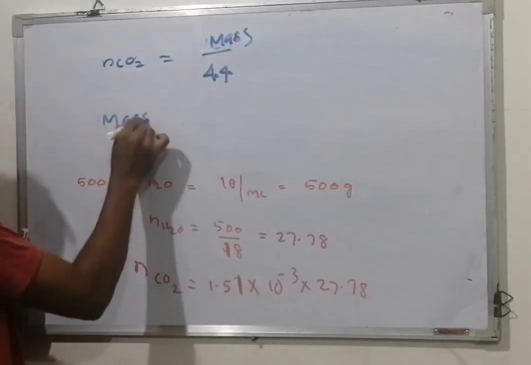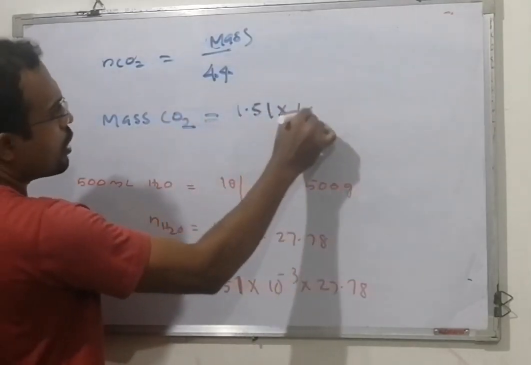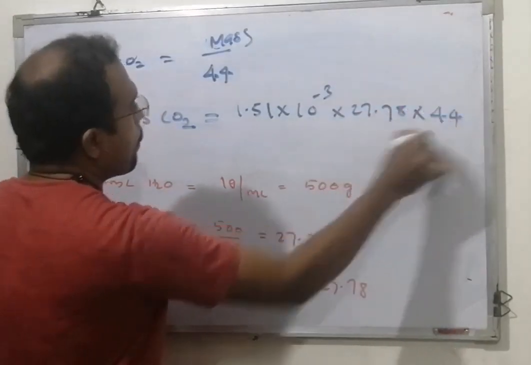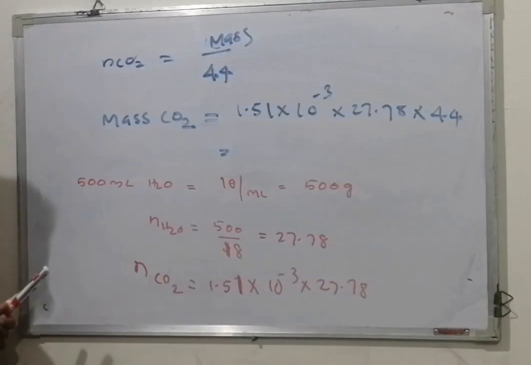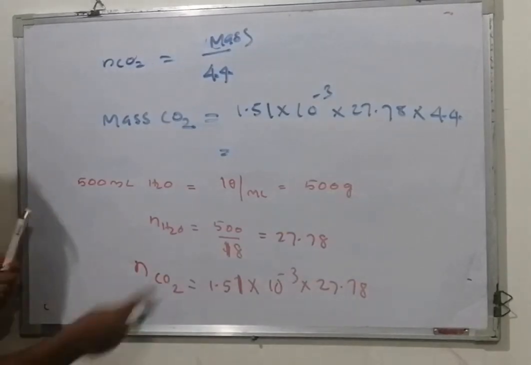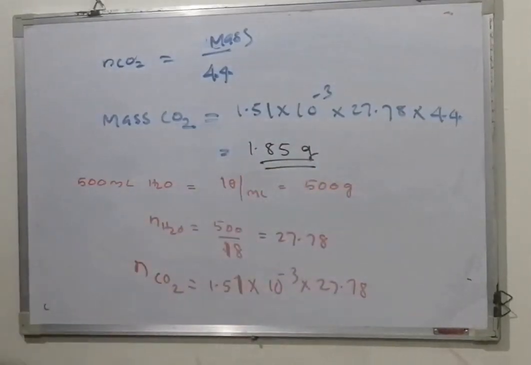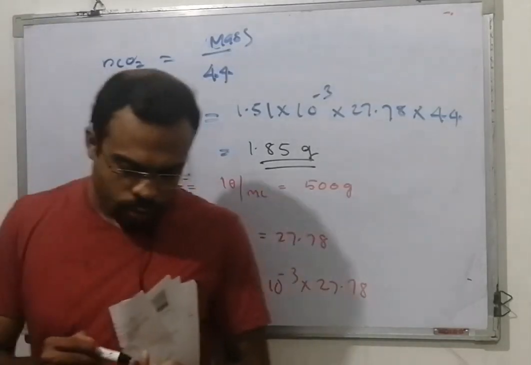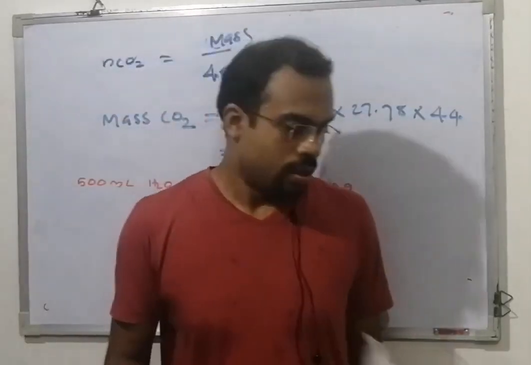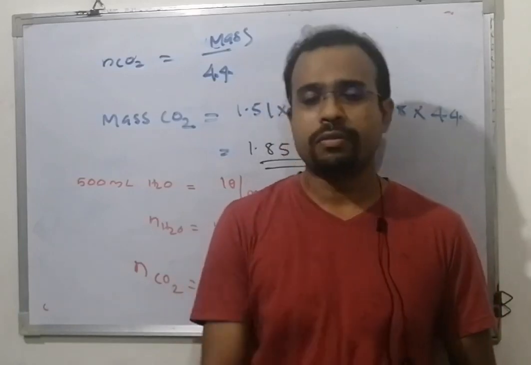Therefore, mass of carbon dioxide is 1.51 into 10 raised to minus 3 into 27.78 into 44. The final answer is 1.85 gram. This much mass of carbon dioxide is dissolved. That is the quantity of carbon dioxide. I hope these two numericals are clear to you. If you find any difficulty, please contact me. I will support you. Thank you for watching.